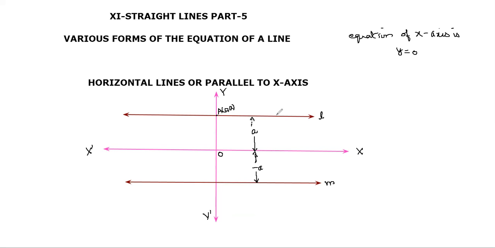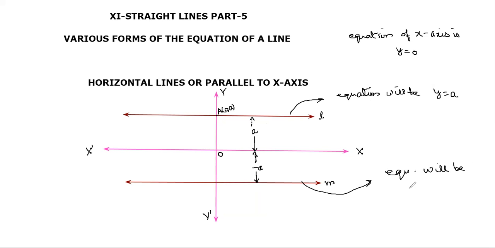So therefore, the equation of this line parallel to the x-axis at a distance A from the x-axis will be, because the equation of the x-axis is y is equal to 0, and this is at a distance A, y is equal to A. Similarly, the equation of this line will be y is equal to minus A. So it depends only on the distance.